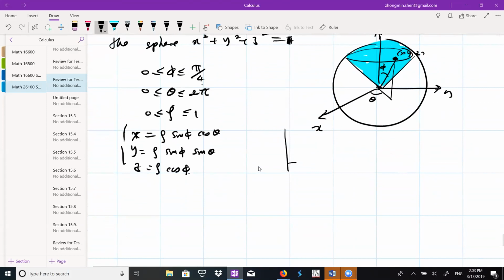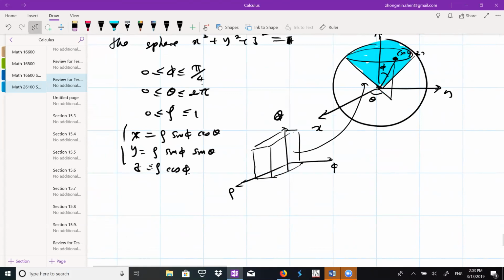This is rho, this is phi, and that's theta. It's a rectangular box, right?